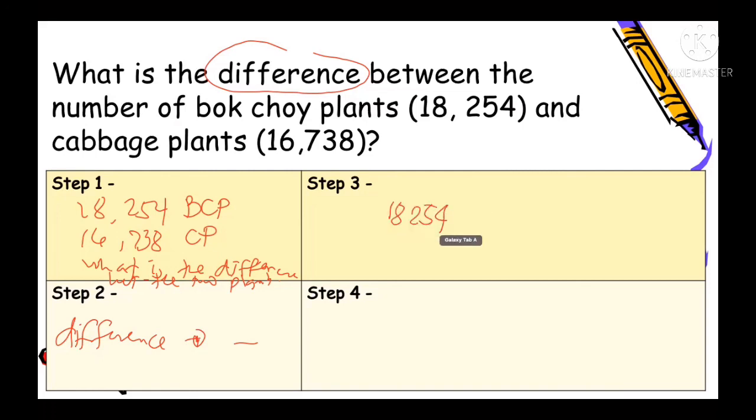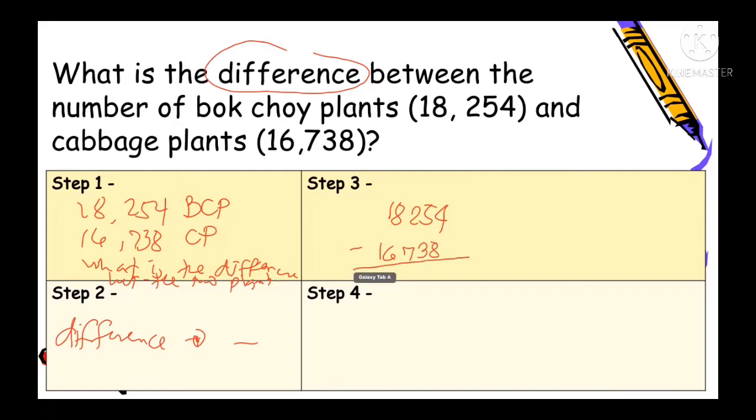So therefore, since minus, I will put first here the greater number, which is 18,254 minus 16,7, sorry. Oops, I will erase first. 16,7,3,8.